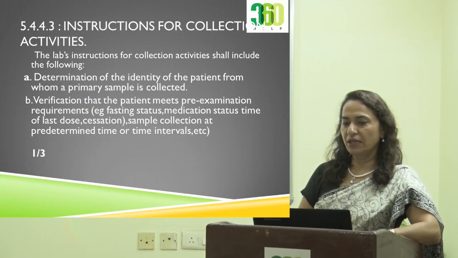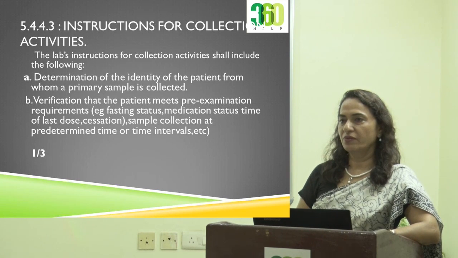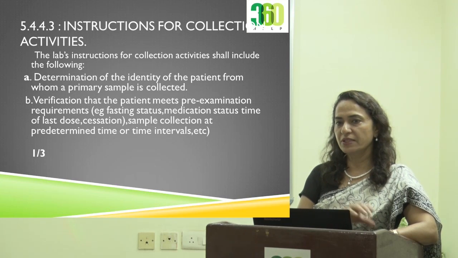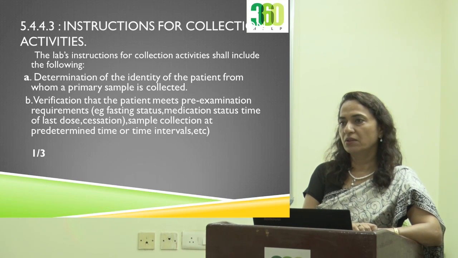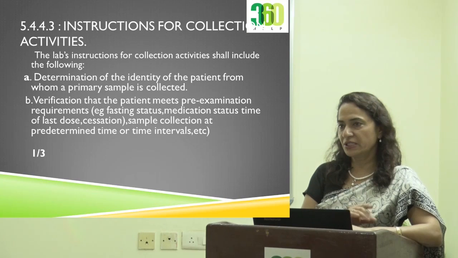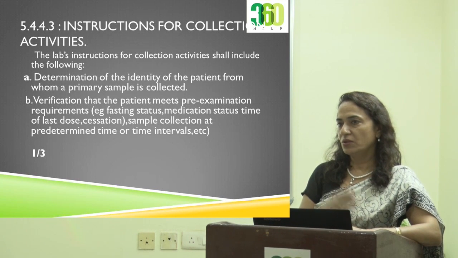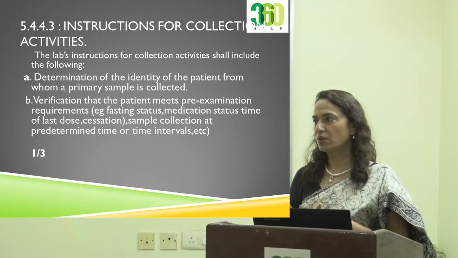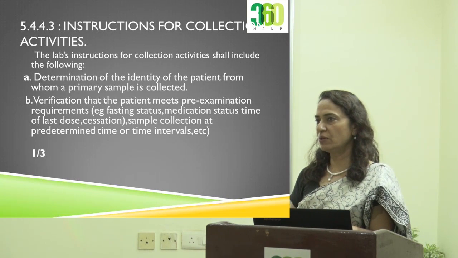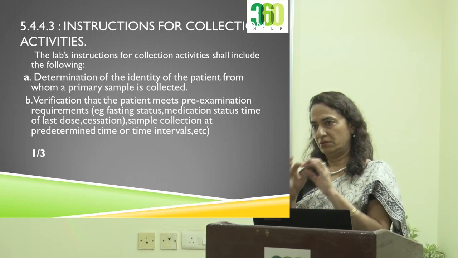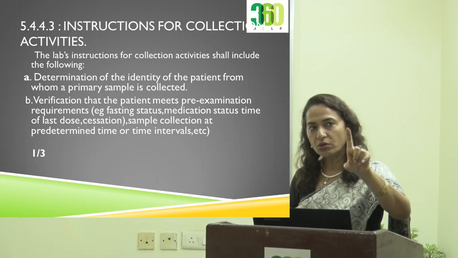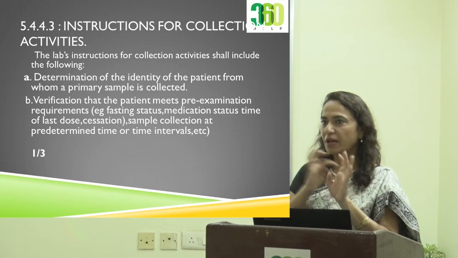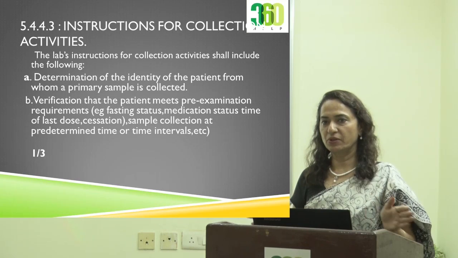Then instructions for collection activity. So when he is collecting, what will he do? The first step is to identify the person, that he is collecting the right patient's sample. So he has to match the TRF, ask the patient, are you so and so, take the sample, put it in the vial, the vial has to be labeled, shown to the patient, your sample, okay, the patient confirms my name, that means that process is complete.